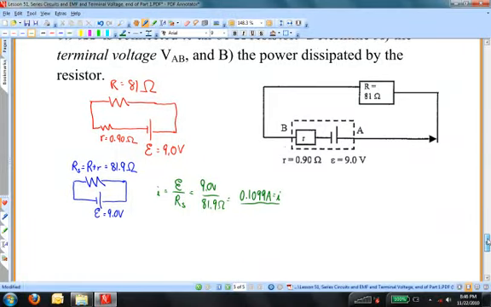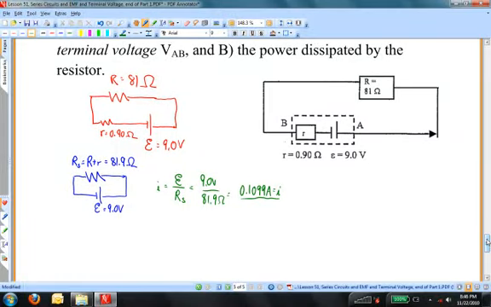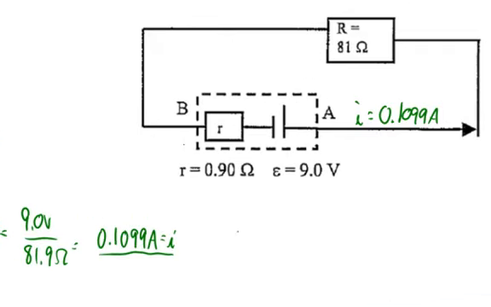Well, now what? What I do with that is I put this current back into the original circuit and realize that the external resistance R isn't going to see the full 9 volts. It's going to see something a little less than the 9 volts. The terminal voltage that it's going to see is given by E minus I times the internal resistance.